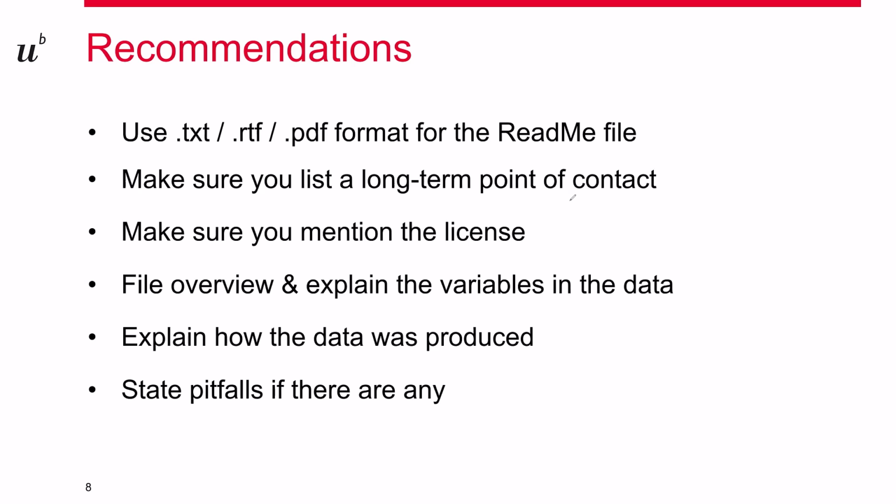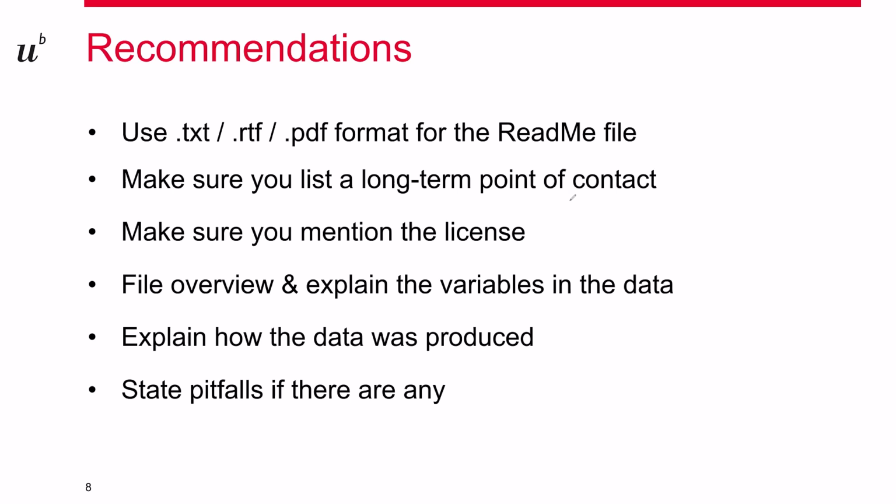Then another important point, especially in the world of academia, is that you list a long-term point of contact. What does that mean? When people submit to the data repository of the University of Bern, this might be a PhD student that is just about to finish and next year works for UBS or Helsana or whatever, and then the University of Bern email address will not be valid anymore.